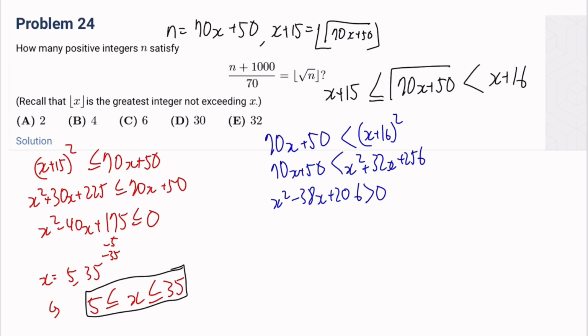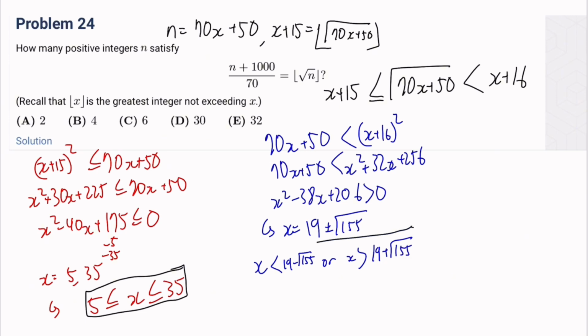And so I'm using the quadratic formula. We get x equals 19 plus or minus root 155. And so that means that x is less than 19 minus root 155, or x is greater than 19 plus root 155. So that is our second restriction.